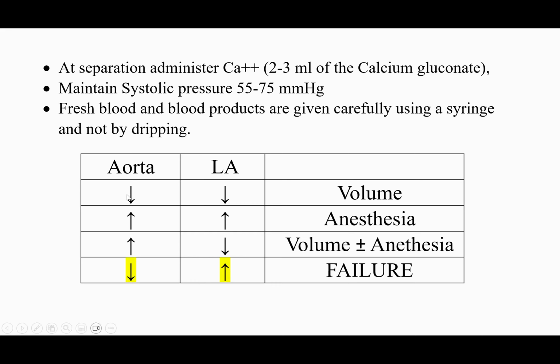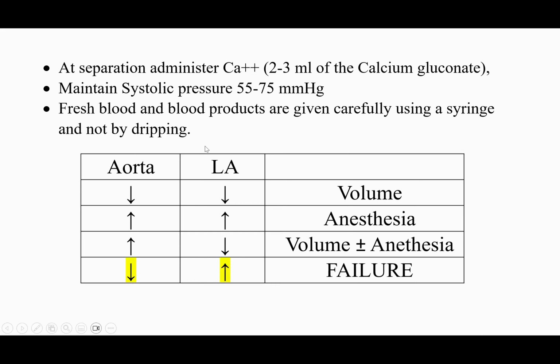If the aortic pressure falls and the LA pressure falls, we put a LA line, as we said before, which is very important to be able to monitor the left ventricle before and after, the preload and the afterload. The aorta, represented as the femoral artery pressure, is the afterload, and the left atrial pressure is the preload, measured directly with a line passing above the drapes, and we connect it to another transducer.